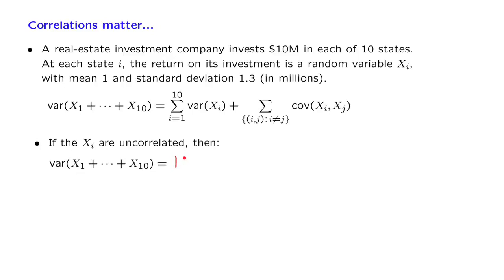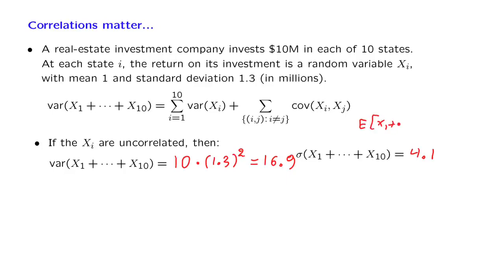Now, each one of these variances is equal to the square of the standard deviation, and we have a variance of 16.9. You then take the square root to find the standard deviation, and the square root of this number is 4.1. Now, your expected return is equal to 10, which is 2.5 standard deviations.